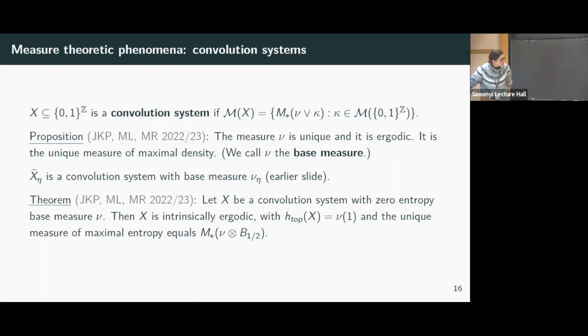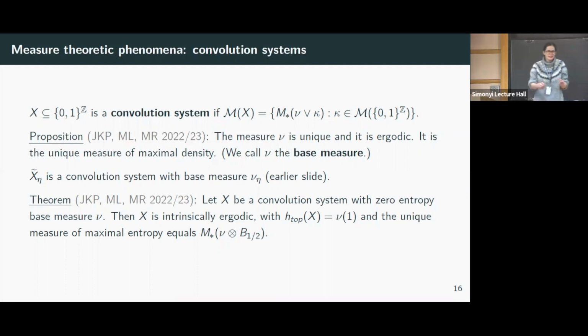All right, so whenever you have a convolution system with 0 entropy base measure, then your system will be intrinsically ergodic. The topological entropy will be equal to nu of 1, and you will know the measure of maximal entropy.